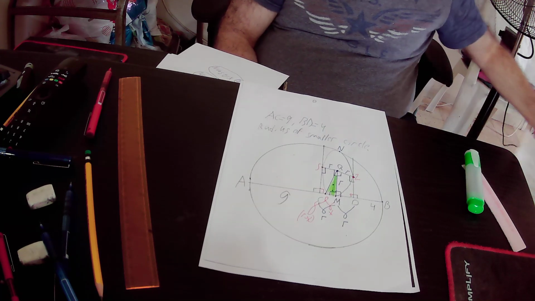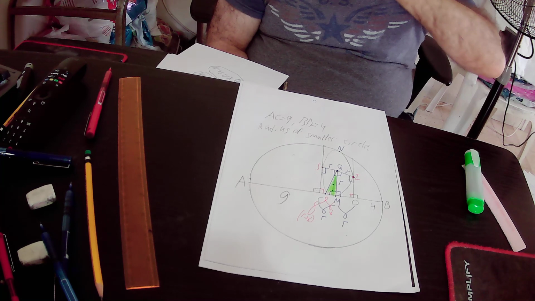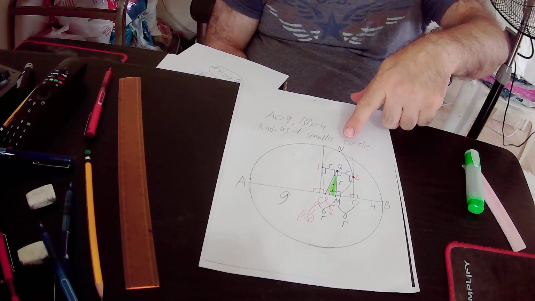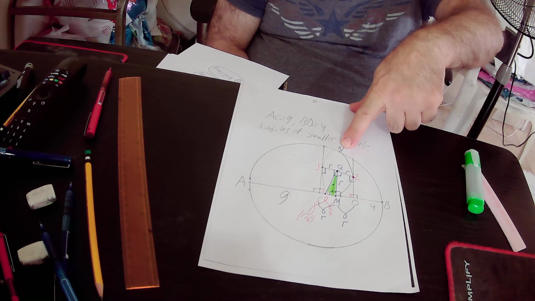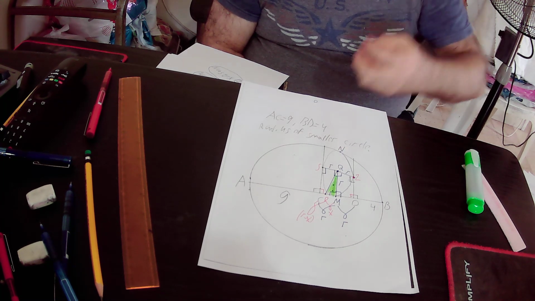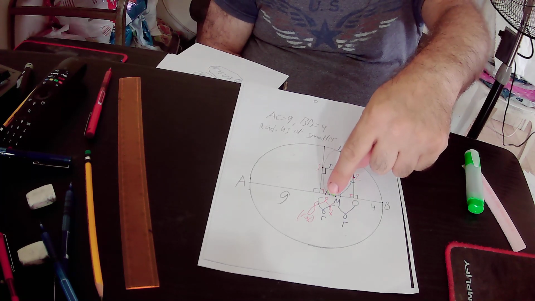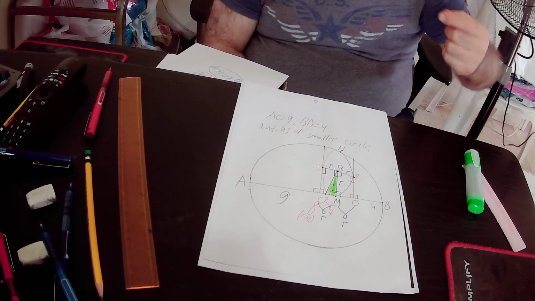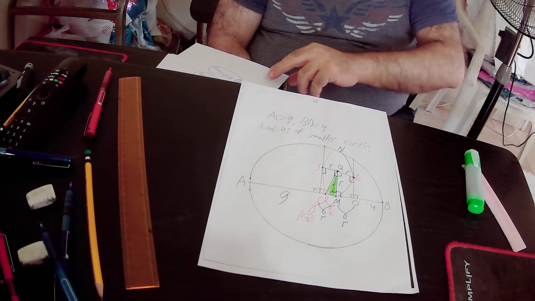So we can implement rule number 5 in our two circles because here the circles touch each other internally at point N. Therefore, according to rule number 5, QP, that is the distance between their centers, is equal to capital R minus small r.